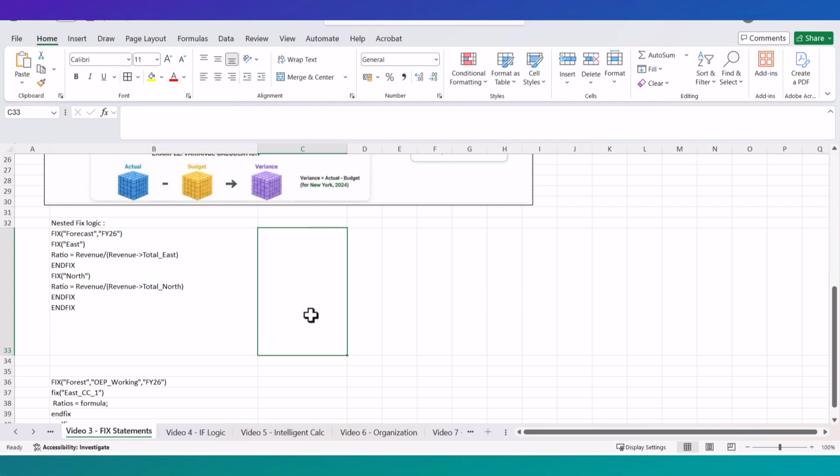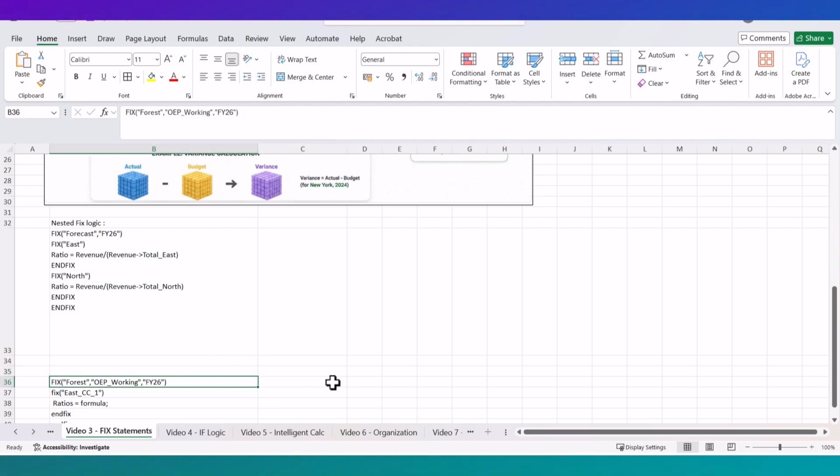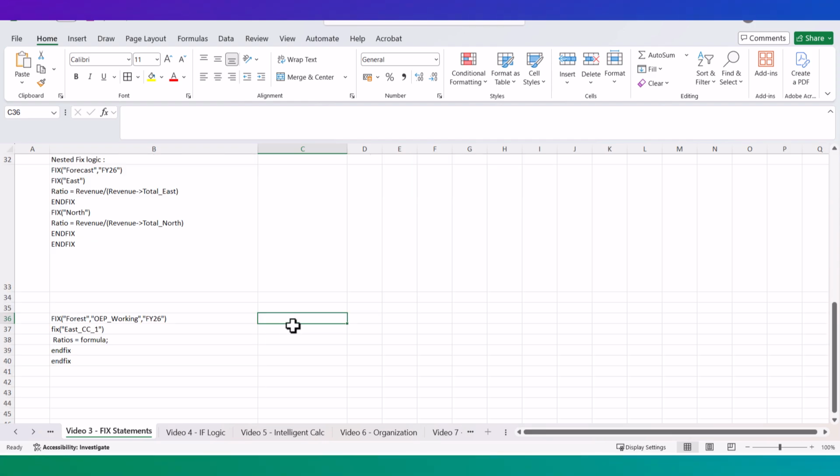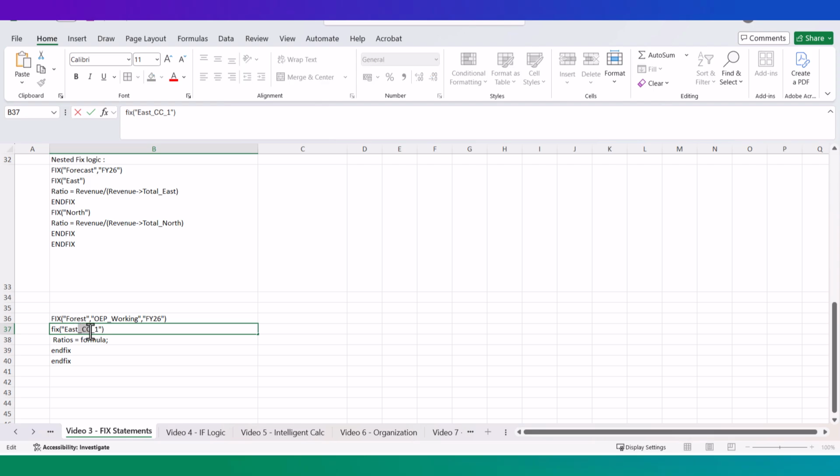Another tip for handling the FIX statement is, if we want to run for combinations which are very big, we can take a sample set of data. That is, instead of taking the entire East region to test the calculation, we can take only one member from the East region, run the rule, and make sure the data is validated as per the business requirement by doing positive and negative testing.